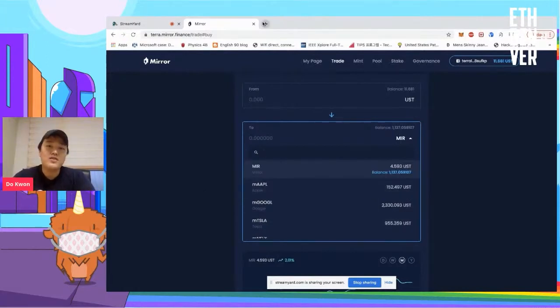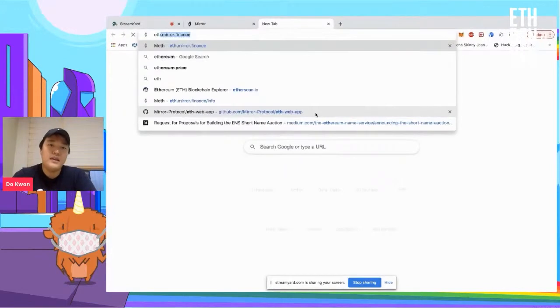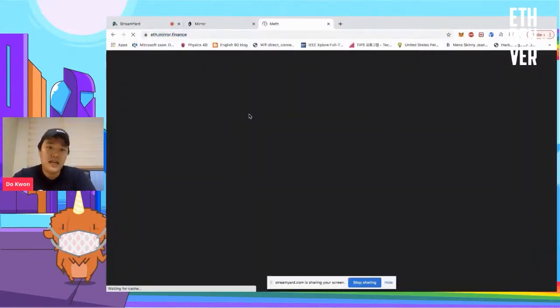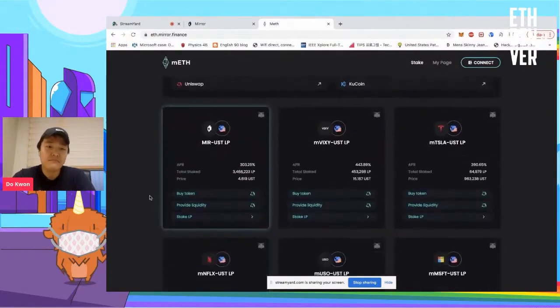What's really interesting is that these synthetics are minted on the Terra blockchain, but they can be migrated over to places like Uniswap, for instance. So for example, if you go to ETH.mirror.finance, we've built a front end that wraps Uniswap.